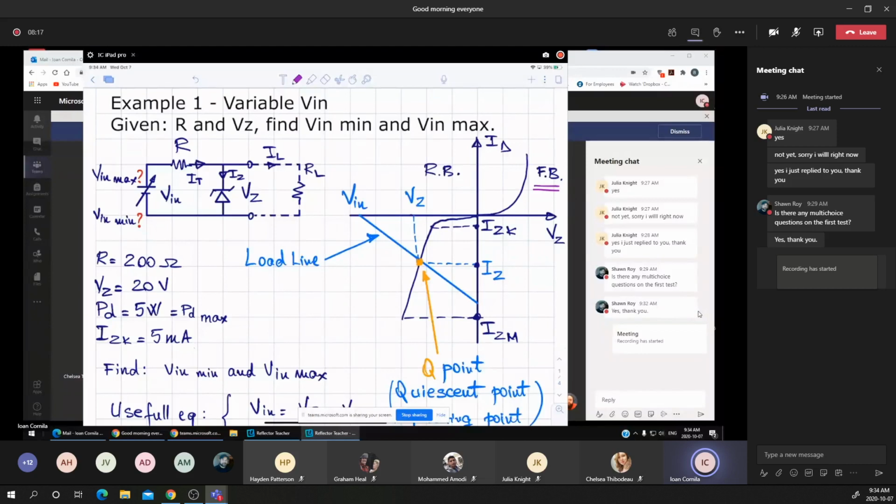What's the most important application for a Zener diode? When it is used in reverse bias.